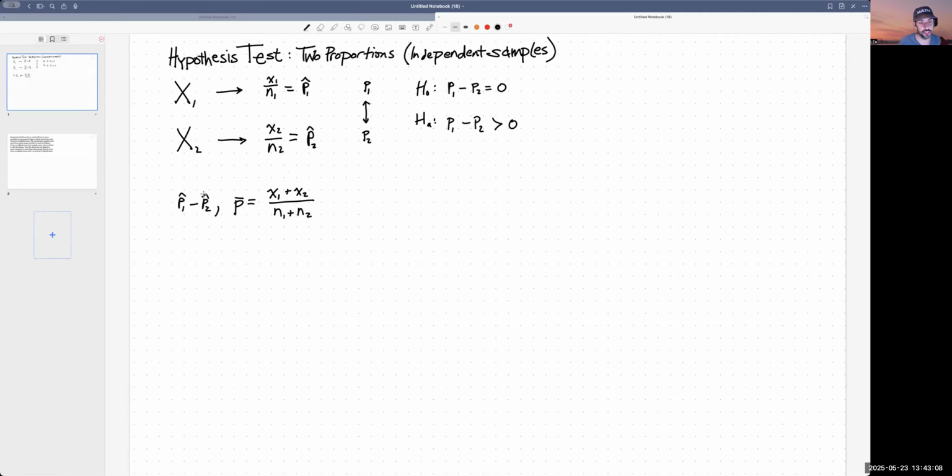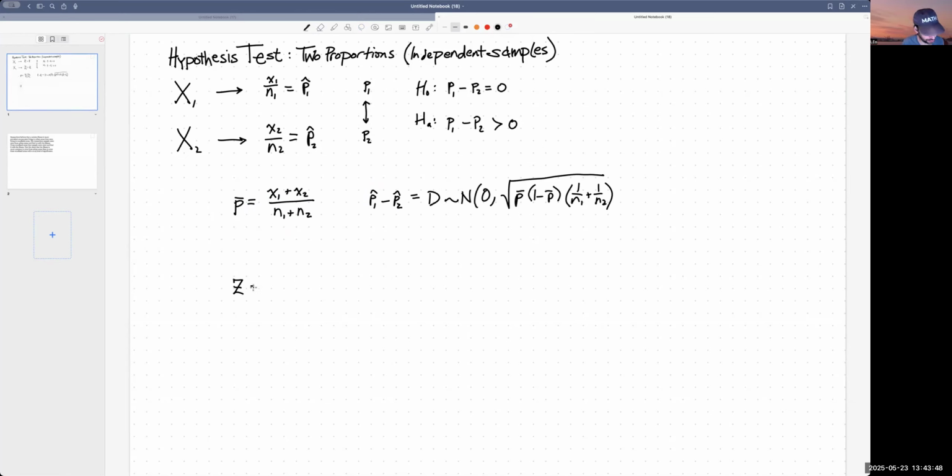This distribution, which I'm just calling D to mean it's a difference distribution, will follow a normal distribution under the null hypothesis with a mean of 0 and a standard deviation computed using p bar, 1 minus p bar, times 1 over n1 plus 1 over n2, all under a square root. And because we have this normal distribution, our test statistic is going to be a z-score.